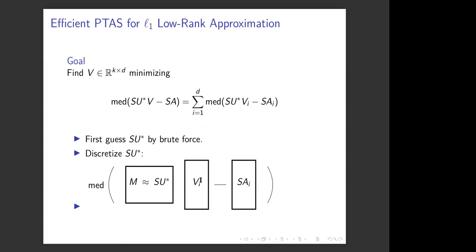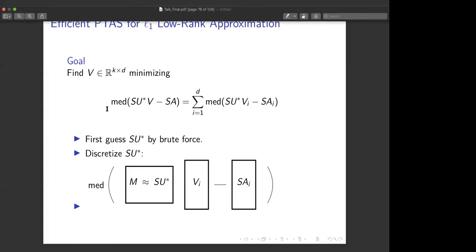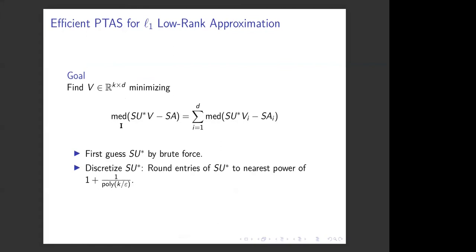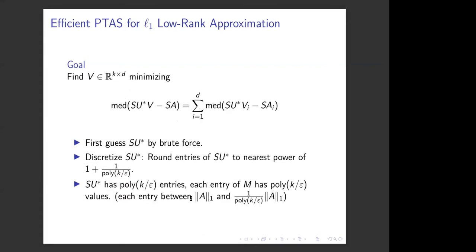There's a potential issue here, which is that the running time of guessing this SU star could be very large. So we assume the entries of SU star are rounded to the nearest power of 1 plus 1 over poly k over epsilon. We guess all powers of this quantity that are between the L1 norm of A and the L1 norm of A divided by poly k over epsilon.